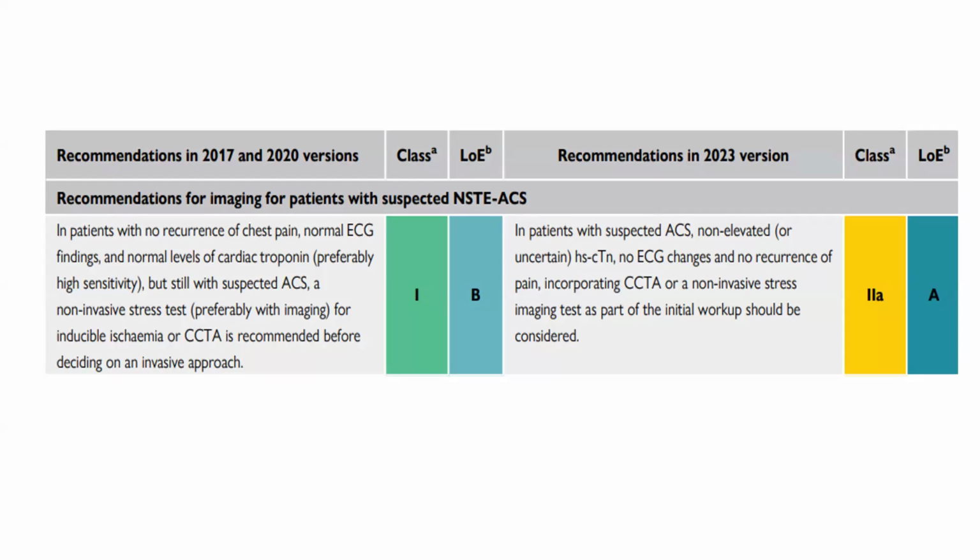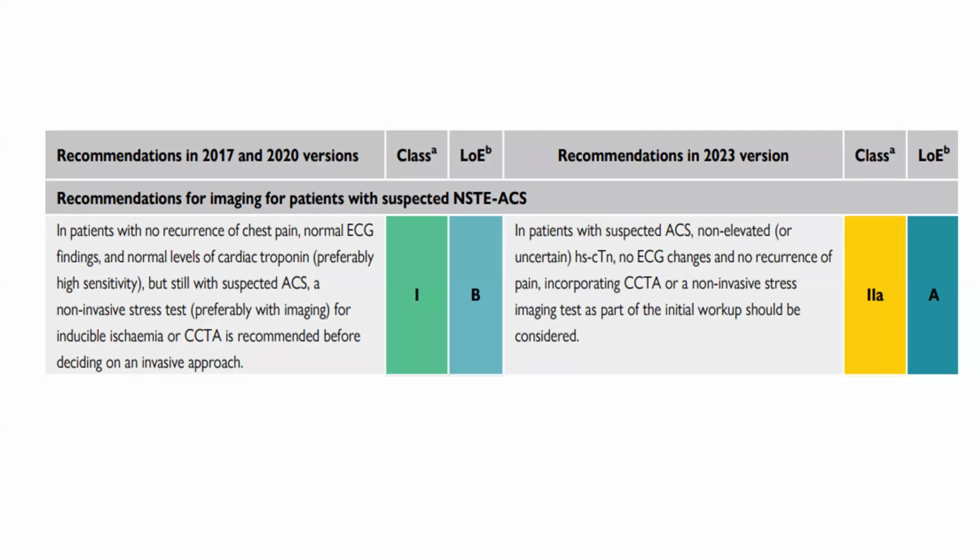The 2020 version said, in patients with no recurrence of chest pain, normal ECG findings, and normal levels of cardiac troponins, but still with suspected acute coronary syndrome, a non-invasive stress test for inducible ischemia or a CT coronary angiogram is recommended before deciding on an invasive approach.